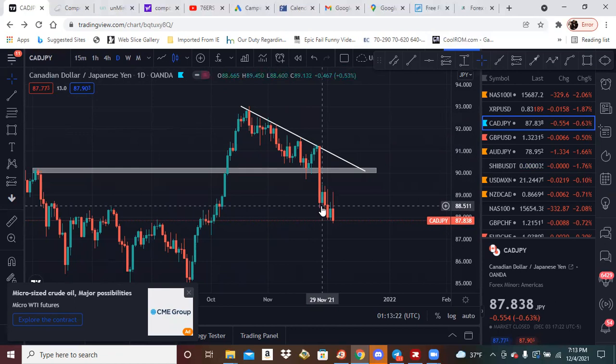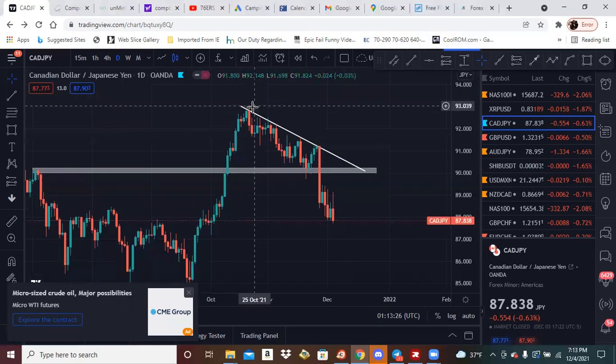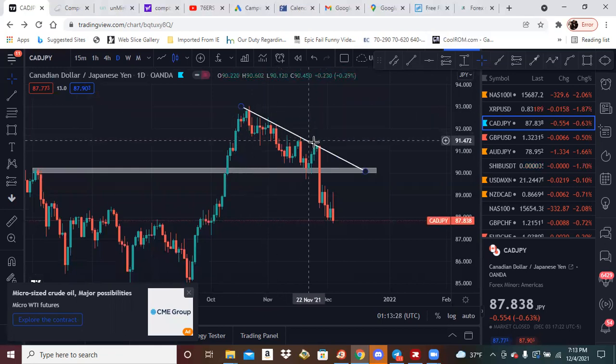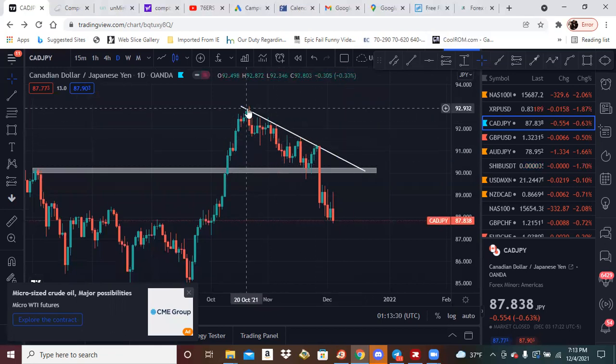So what we would have done is, if we knew that there was selling pressure, so high, it failed to make higher highs, so high, then it retraced, failed, higher high, retraced.